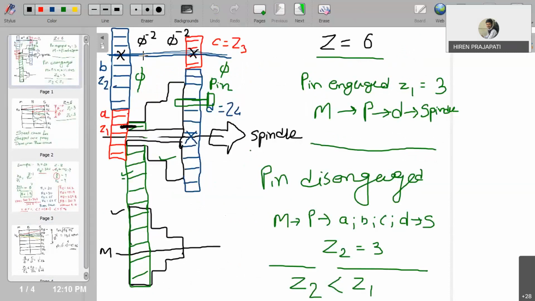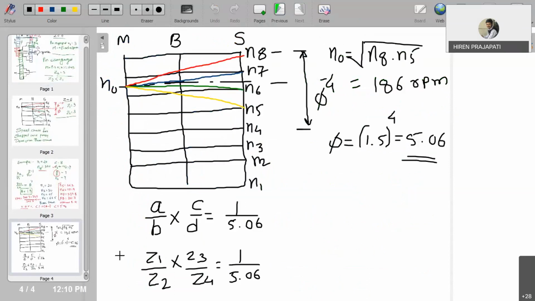Okay, now if you look, the distance between these two shafts, the spindle shaft and this back gear shaft, is nothing but the sum of the radii of these two. As these two are ideal, we can say half of A and half of B. If you take a mean of that, then that is equal to the mean diameter of these two, right? So we can say that here in terms of number of teeth as well, right?